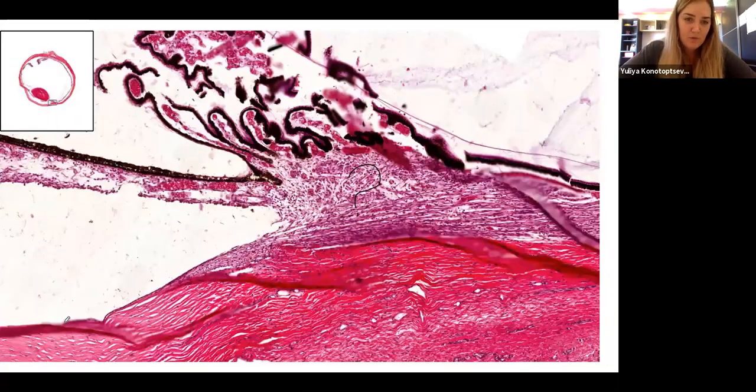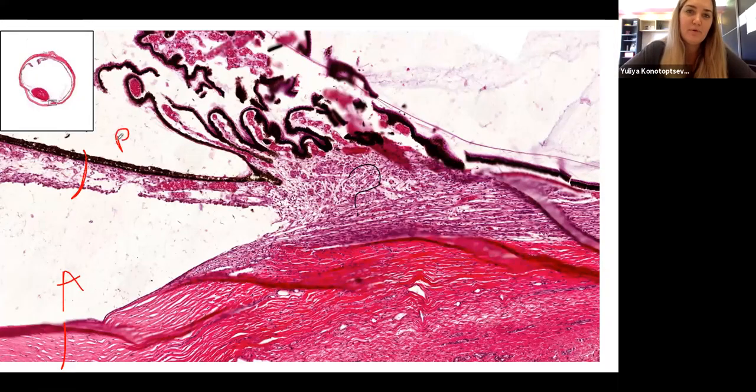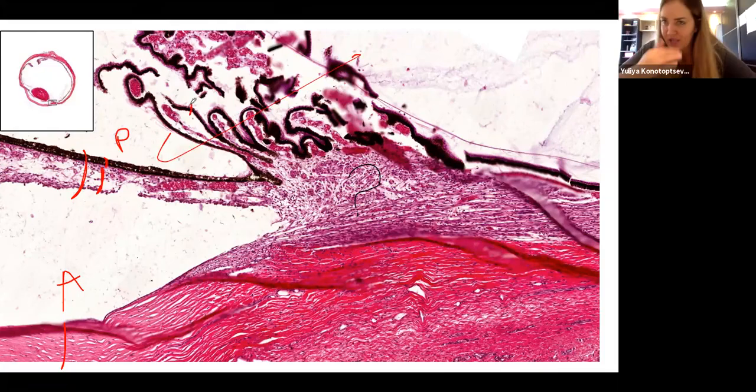So again, how do we call this? Cornea, anterior chamber, iris, posterior chamber. Stroma, pigmented epithelium. What are these? Ciliary process. Very good, with two epithelial cells as well, right?